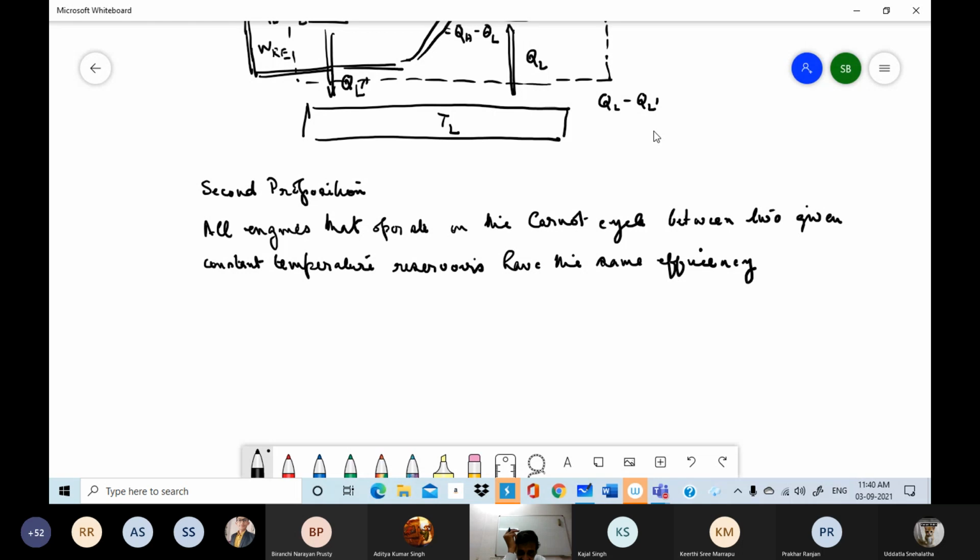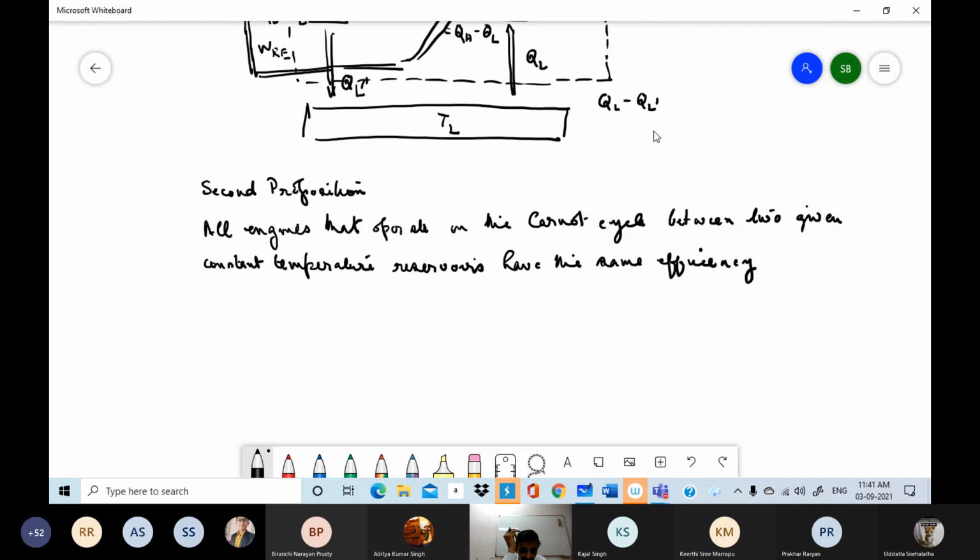So if we can measure the efficiency of a Carnot cycle, of a reversible cycle between two reservoirs, that can be used to determine the temperature of the reservoir.